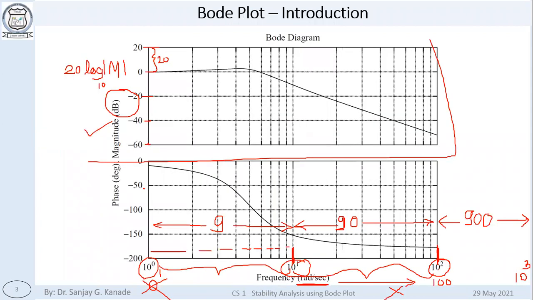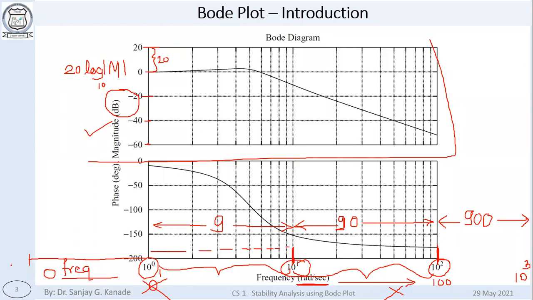Now again, going back to this one, you see we cannot have zero frequency on this axis. Zero frequency we cannot plot. Why? Can someone tell me why we cannot plot zero frequency? If I extend this graph, what will be the value of frequency here? 10 raised to 0 is here, 10 raised to 1 is here, 10 raised to 2 is here.